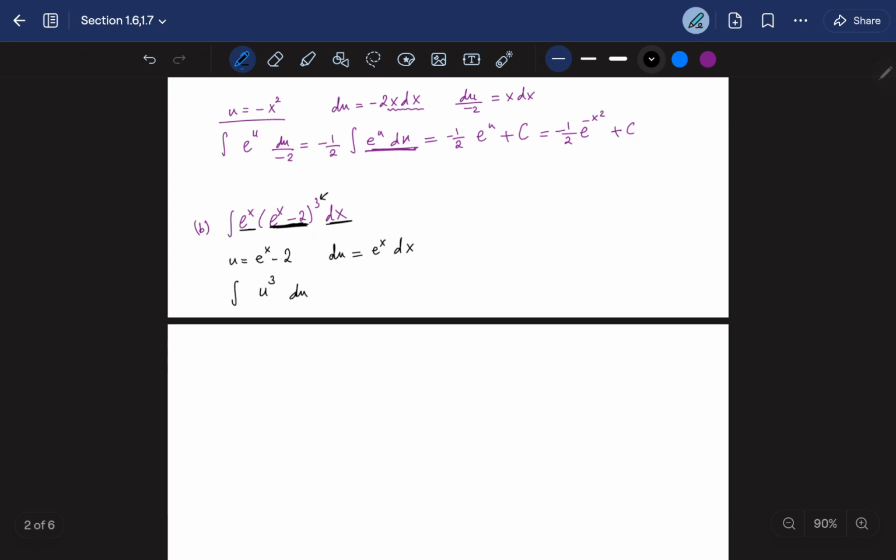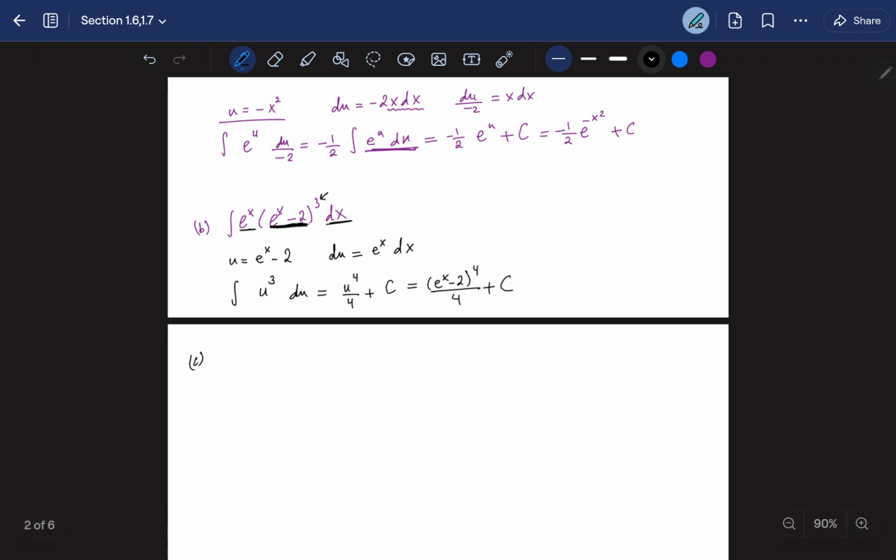I can integrate it easily by the antiderivative. This is just u to the 4 over 4 plus c. But if we're doing substitution, you need to substitute the thing back again, and you get this.